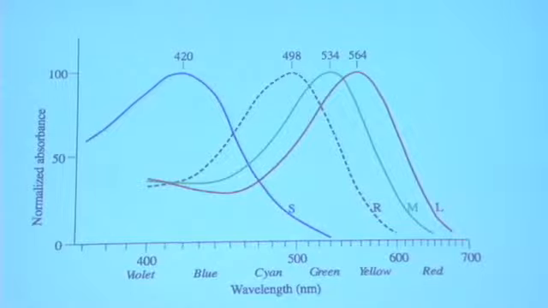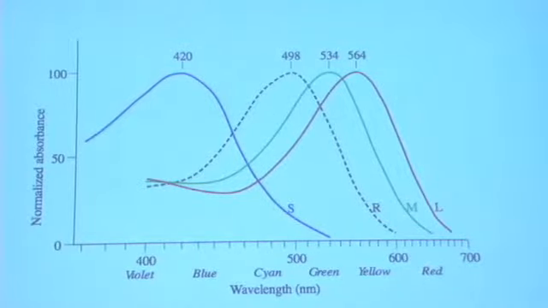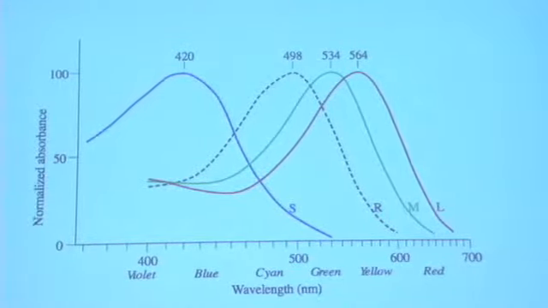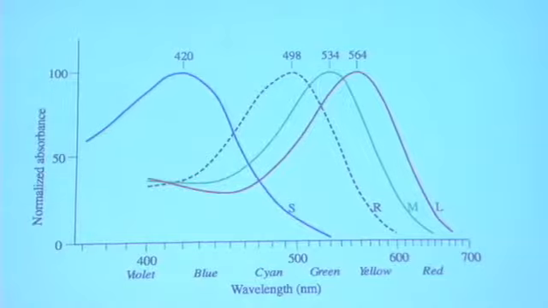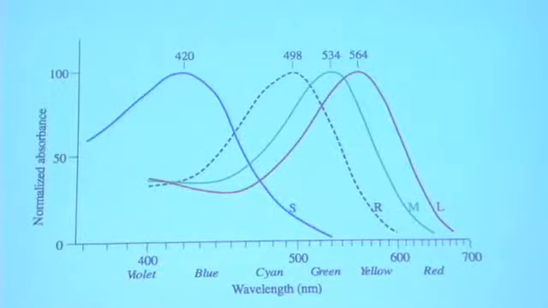And I believe that when they say average, they just mean the average of all people, rather than taking somebody randomly and calling that an average person. The average person will have 98% M and L type and 2% of the S type. So this is a very big difference in the number of cone cells that we have.